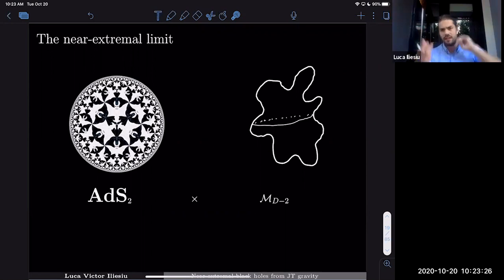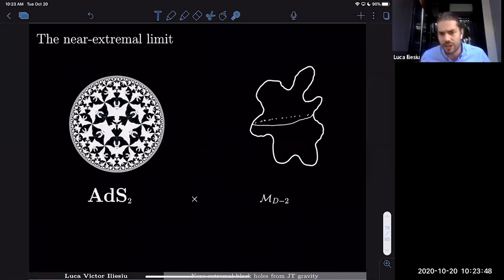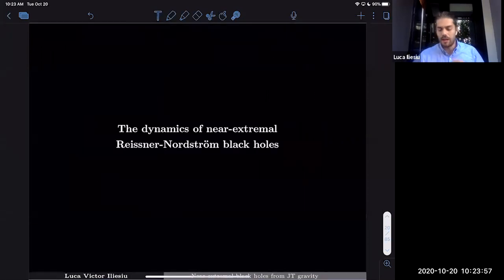There's some twist in the S2 direction as you go closer to the horizon. But I'll explain why this works specifically for Kerr-Newman black holes with low angular momentum, if I have time. In that case, you have this nice factorization property. It's not quite like that otherwise, and I'll explain why in a second. Thank you.